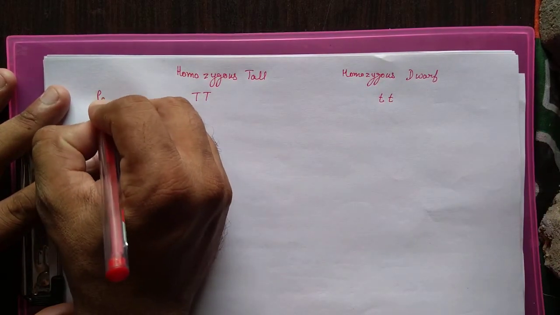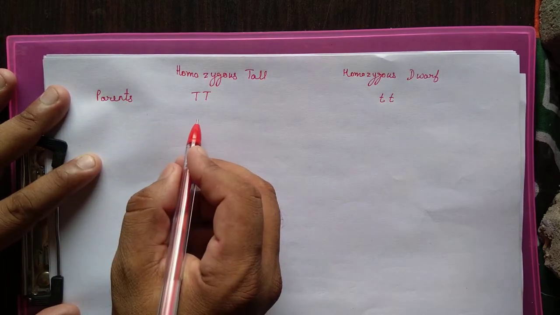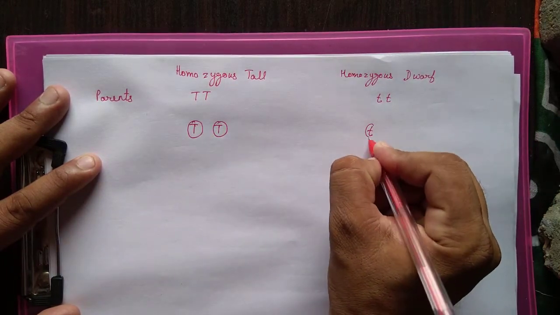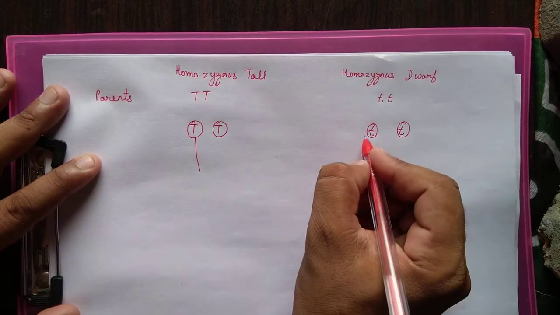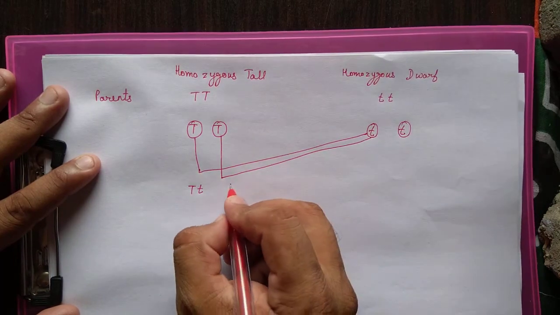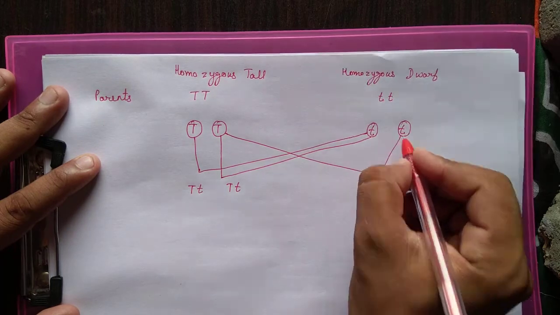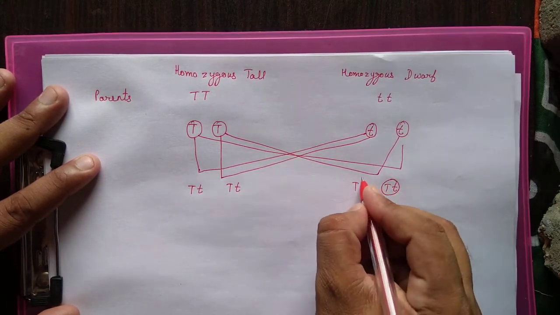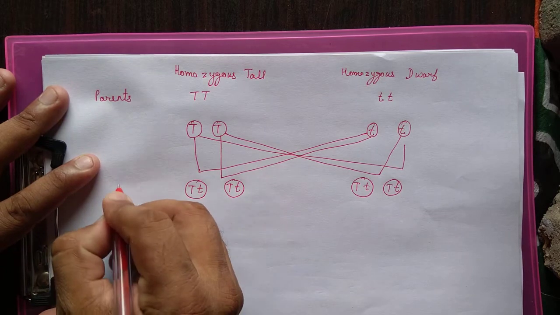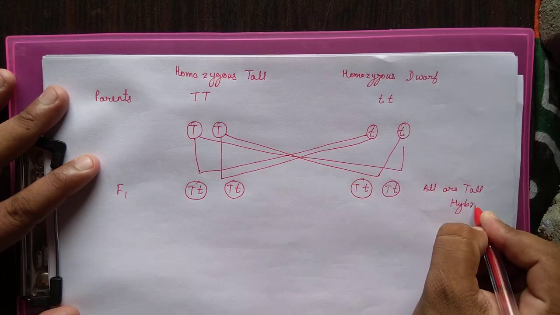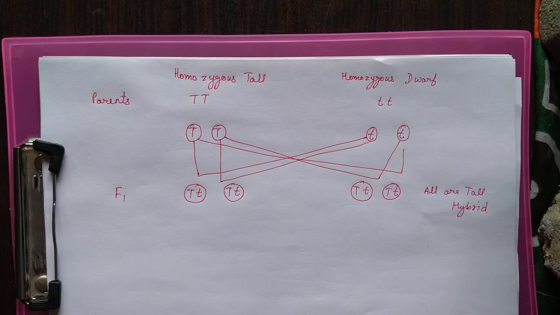If we assume that they are the parents, during the gamete formation they perform gametogenesis, and if we cross, means if you are taking pure parents, the result is the hybrid.